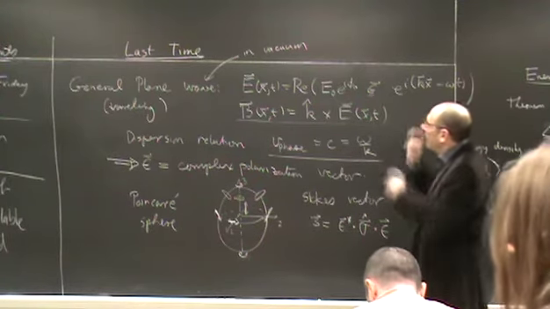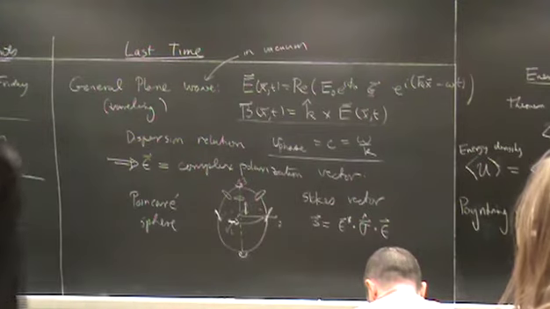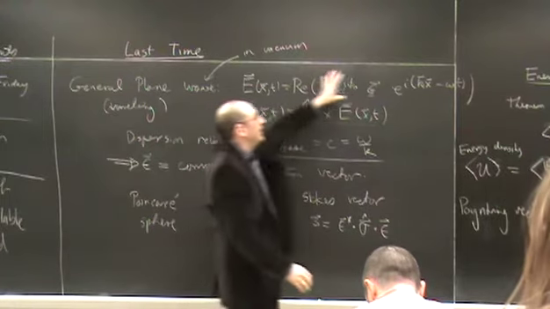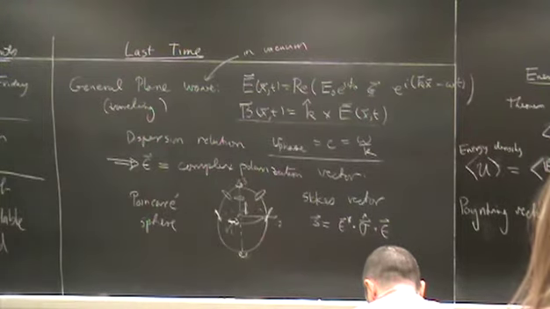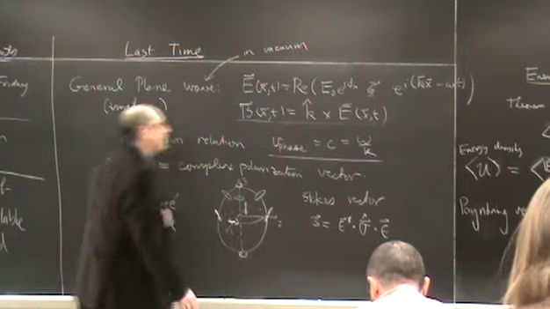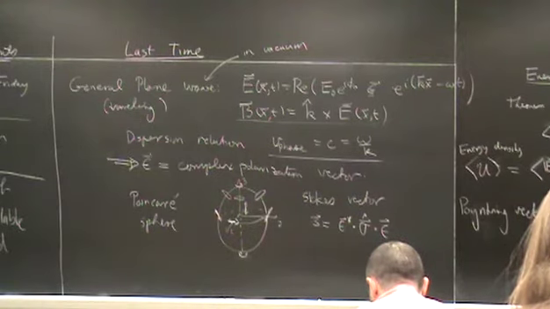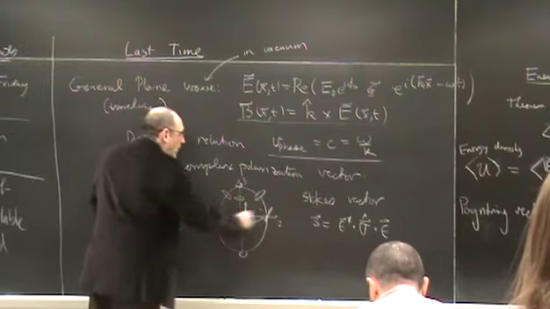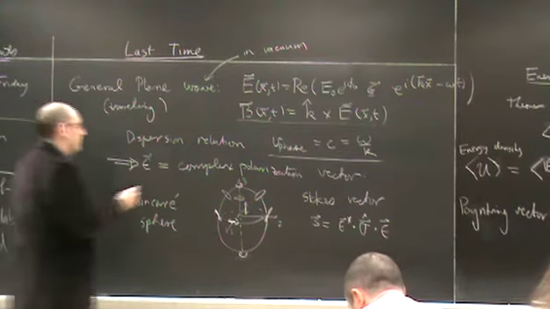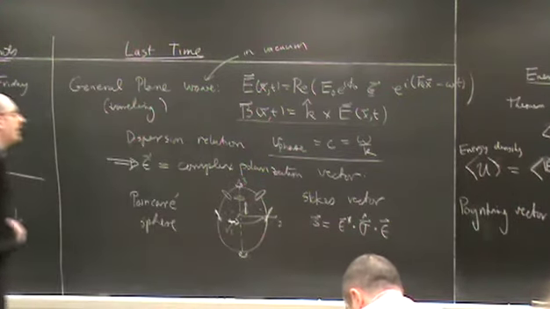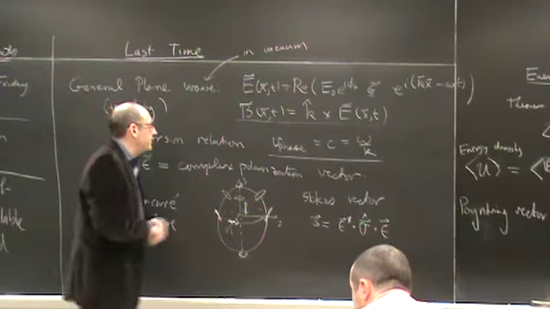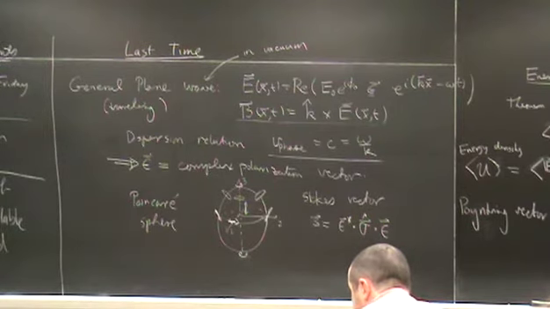To the degree to which this is a pure polarization, we're not talking about statistical fluctuations of light, we're talking about a so-called pure state of polarization, then you can represent that vector as a point on the Poincare sphere, where the equator of the sphere represents all possible linear polarizations, and the north and south pole are right and left circular polarization, positive and negative helicity, and all the other points on the sphere are some form of elliptical polarization.